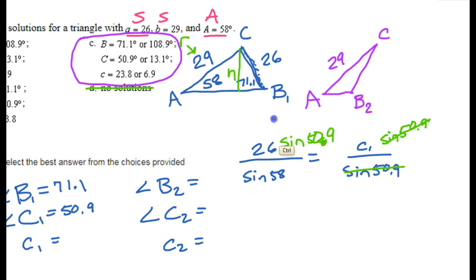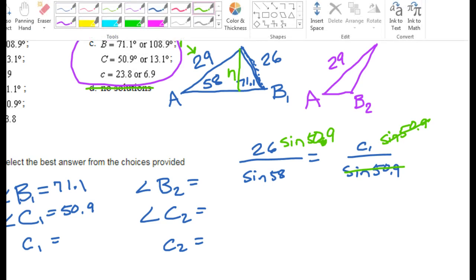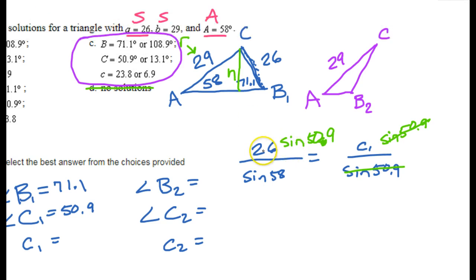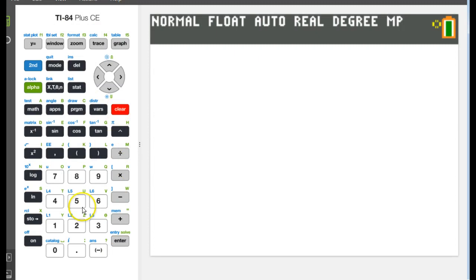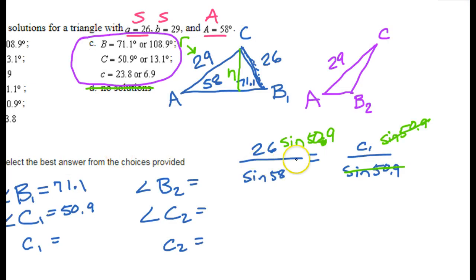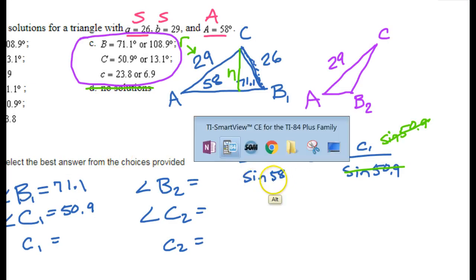So I can just put all this in my calculator. So 26 sine 50.9, close your parentheses, divided by sine 58.